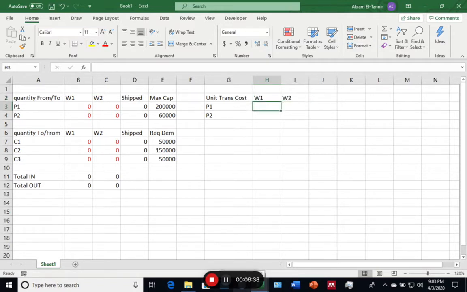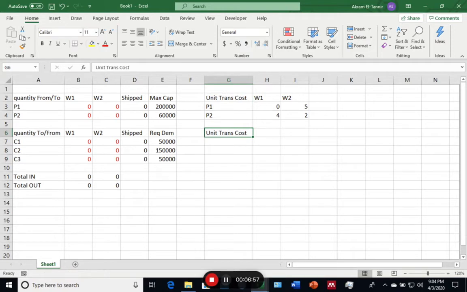They are given by the problem as 0, 5, 4, and 2. Same thing will go with the shipment from warehouses to customers.